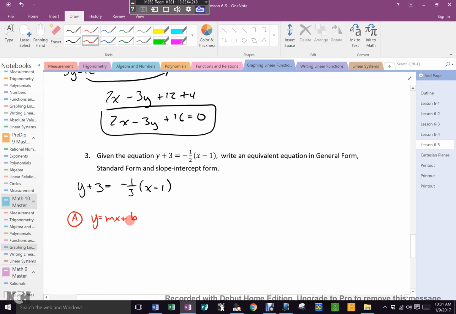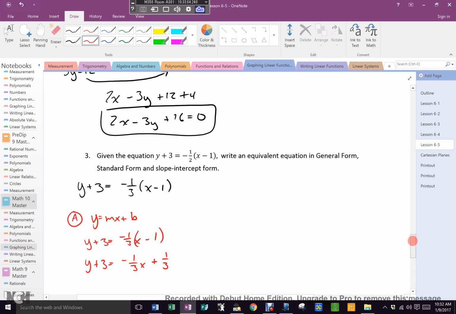So what should I do first? What do you want to get rid of first? Get rid of the brackets. Okay. Y plus 3 equals negative 1/3 x plus 1/3. Yes? Everyone agree?